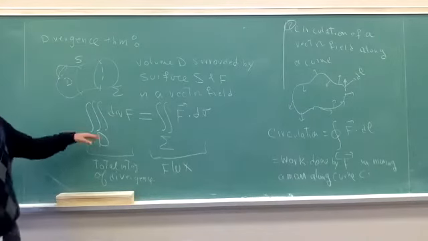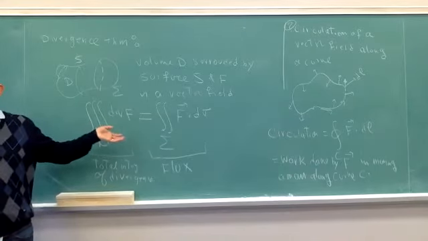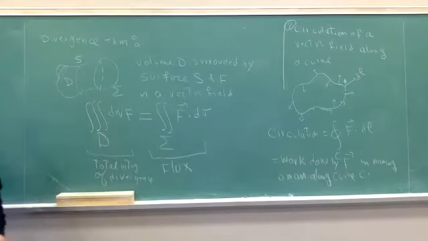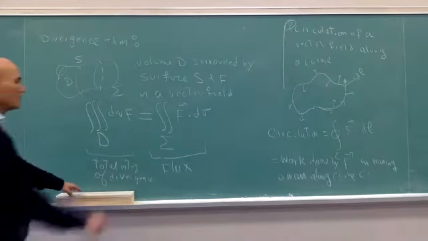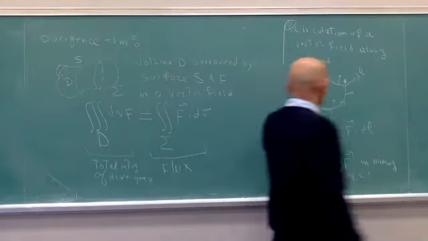So if I know that the divergence of a vector field is 0, then what does it mean? It means that the flux is 0.